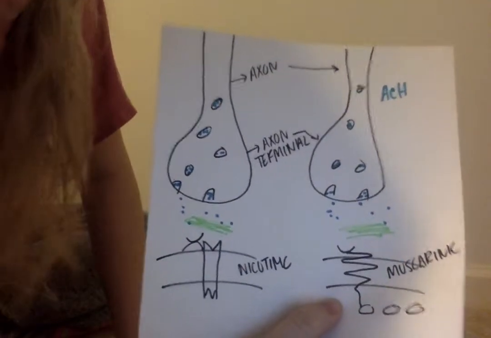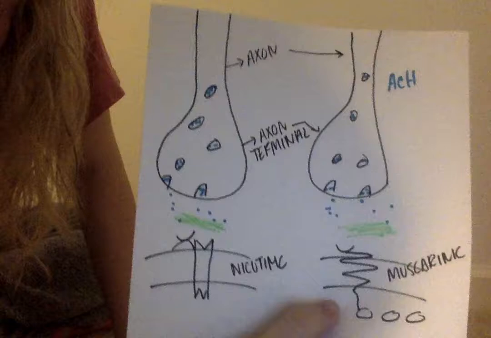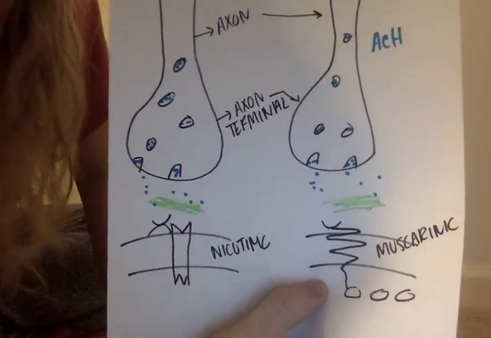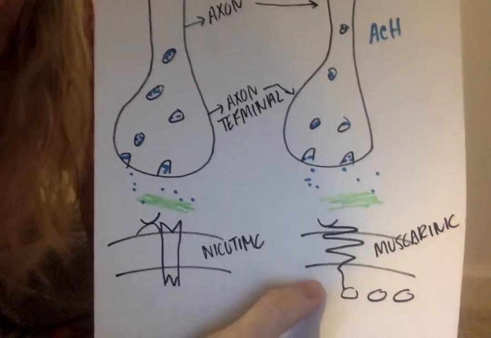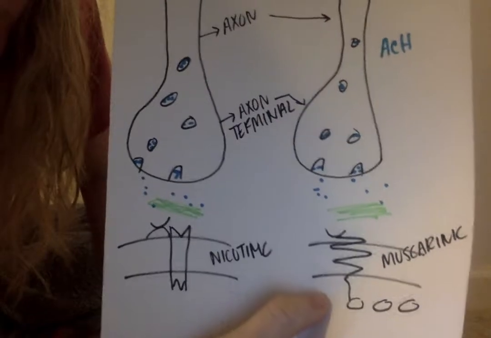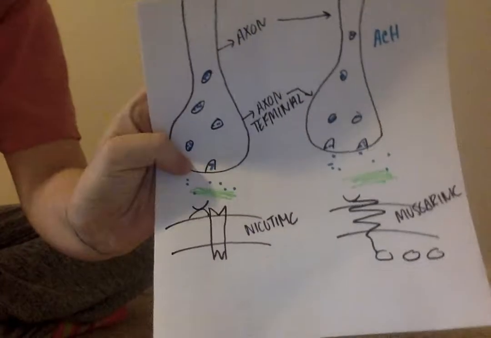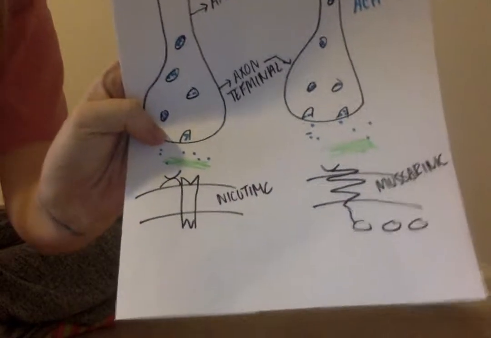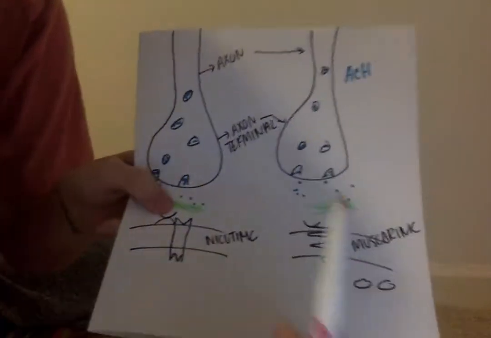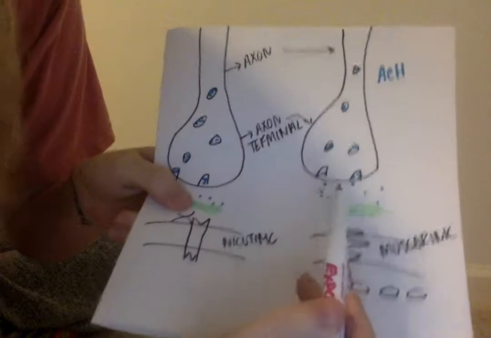Nothing's going to happen, because in the absence of acetylcholine, that muscarinic receptor is not going to be activated by nicotine. It's specific to another chemical. Can anyone guess what that is going to be? Muscarine, which is a mushroom toxin.